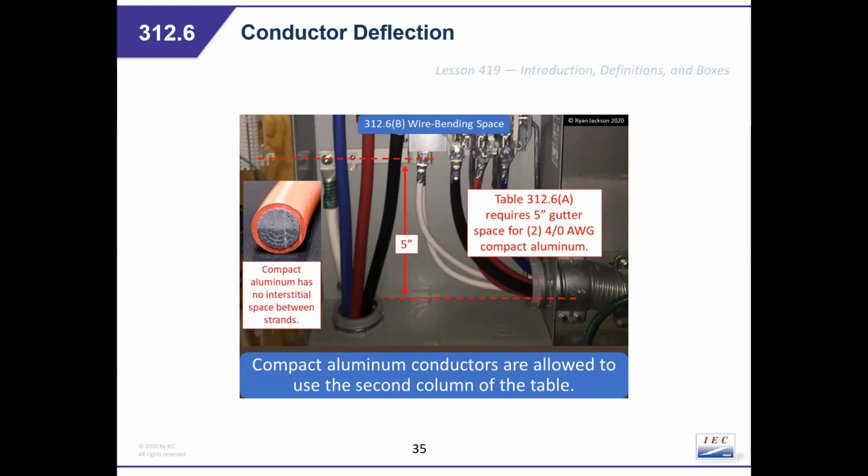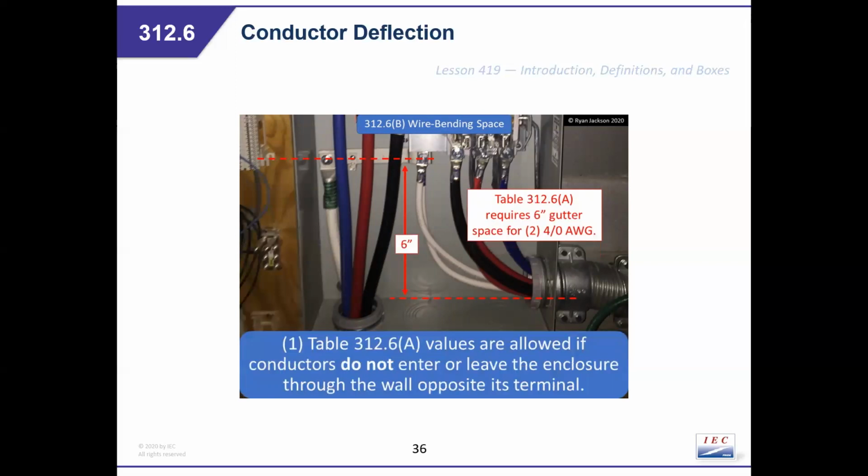Compact aluminum conductors are allowed to use the second column of the table. 312.6b, the wire bending space. 312.6a requires 6-inch gutter for these two 4-aughts.